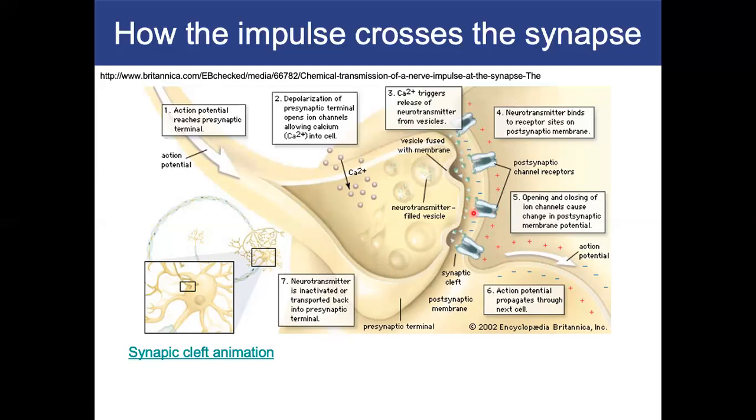As long as acetylcholine is in that synapse, it can keep binding and exciting the second nerve, or the postsynaptic nerve. How do we get the acetylcholine out of the synapse? It's either broken down by enzymes that are attached to the second nerve membrane, or it's pulled up into the first nerve, or the presynaptic nerve.